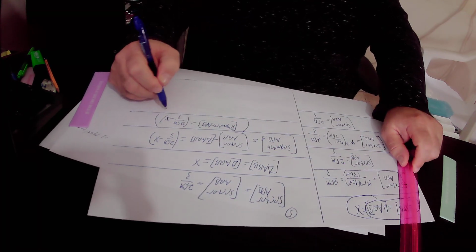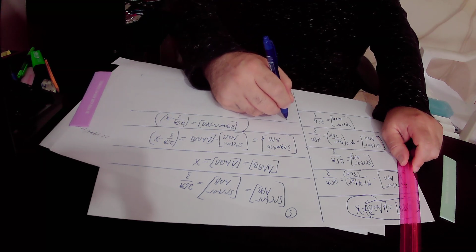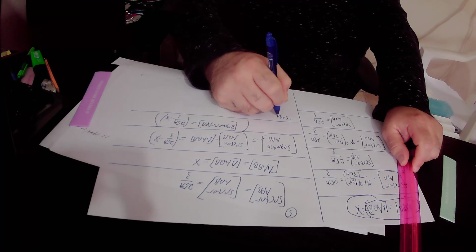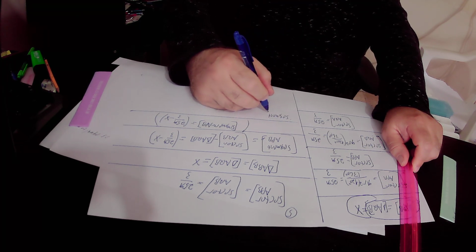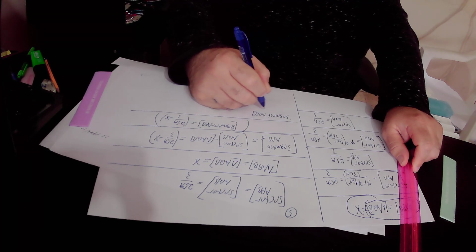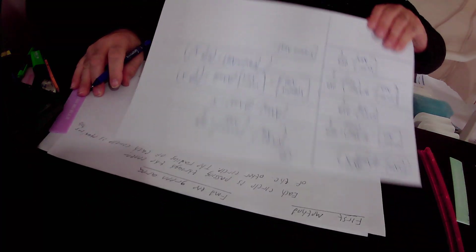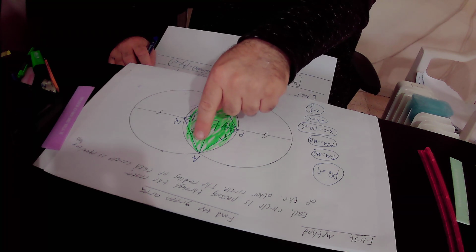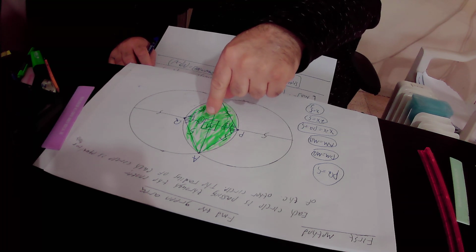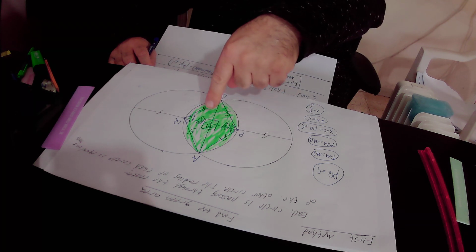and what is the area of segment AQB? Here, the area of segment AQB, it is this shape that looks like a semicircle, but it is not a semicircle.